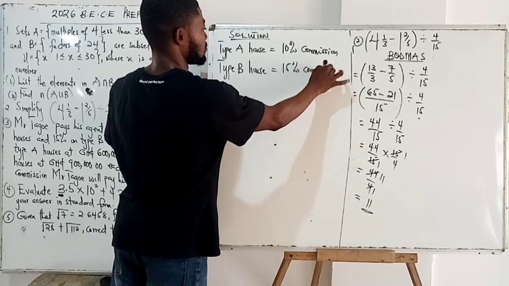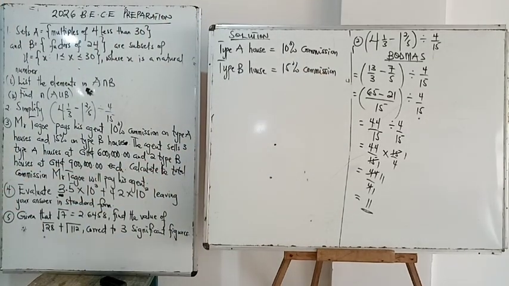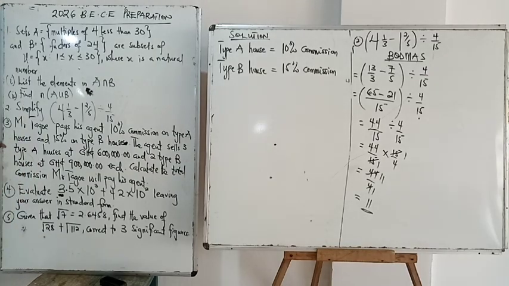So, for the type A house the agent gets 10% commission, and for the type B house, the agent is getting 15% commission. Now this question says that Mr. Tego pays his agent 10% commission on type A houses and then 15% on type B houses.